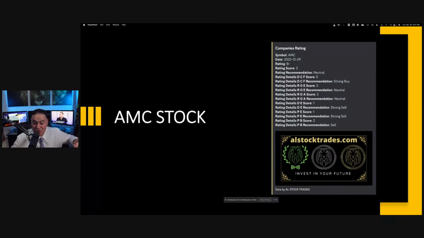And these are the tools that will help you minimize these things. So overall, we have a DCF score of 5 saying, hey, might be undervalued, but also you have a return on equity of 3, return on assets of 3. And then you have a DE score of 1, strong sell, a PE score of 1, strong sell, and a PB score here of 2, which is sell.